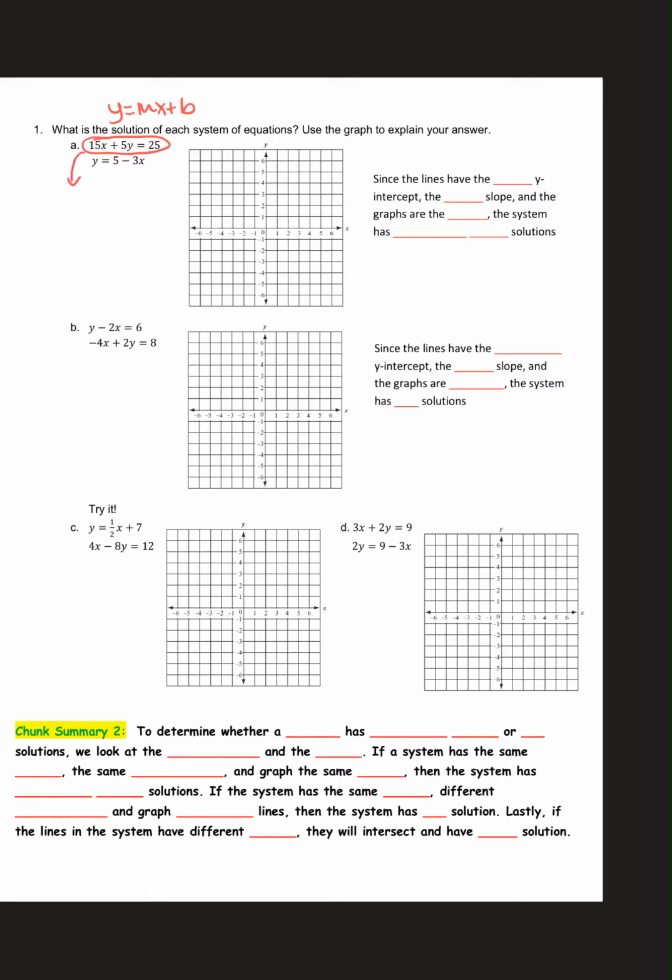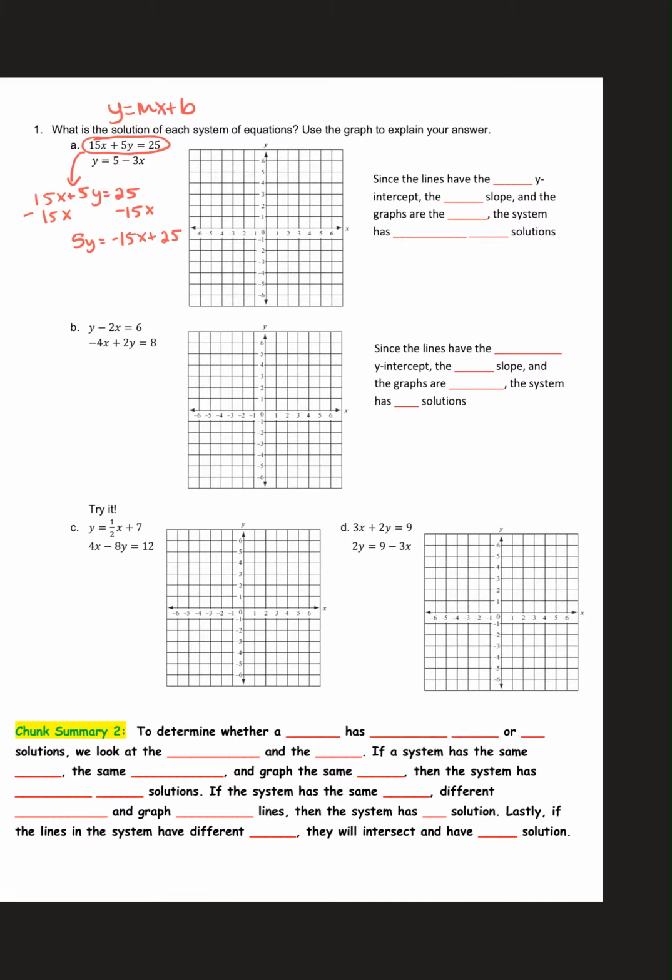So I'm going to move this 15x over. This is a positive 15x. What's the opposite of positive? Negative. So minus 15x, and I get 5y equals negative 15x plus 25.